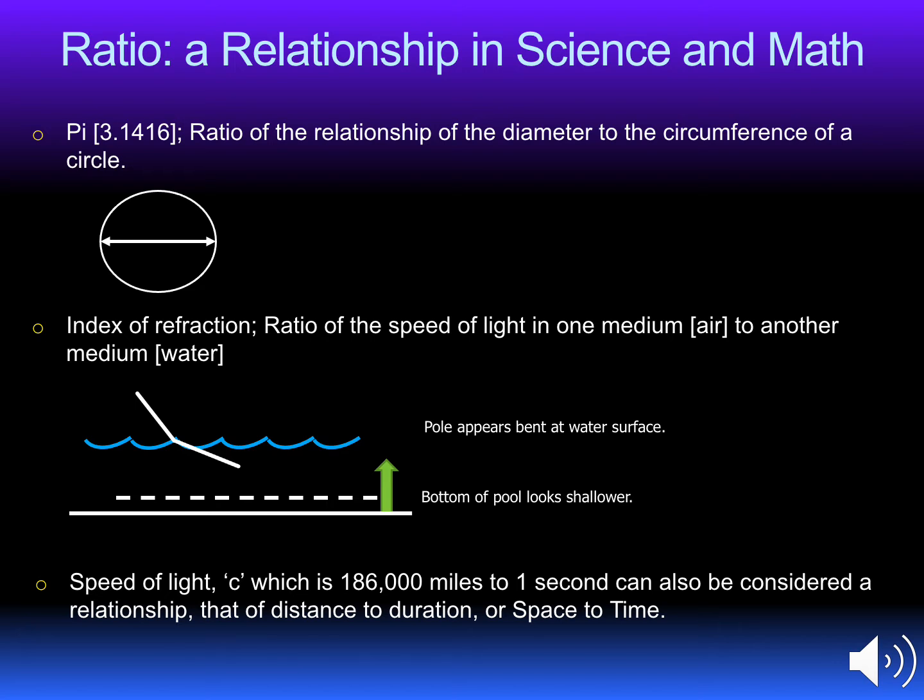And we can also look at this as a relationship, that of distance to duration, or space to time. Now, the speed of light is not commonly thought of as a ratio in science, but I think it's important at this point to just start to think of it in terms of this, because as we go further, you'll start to see how the speed of light or motion defines a relationship between space and time.